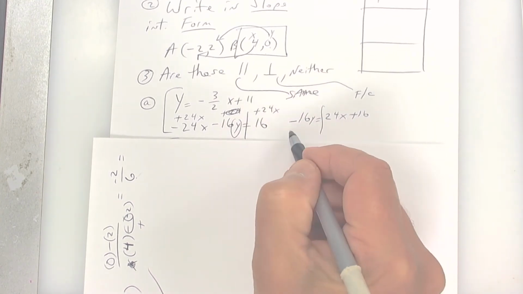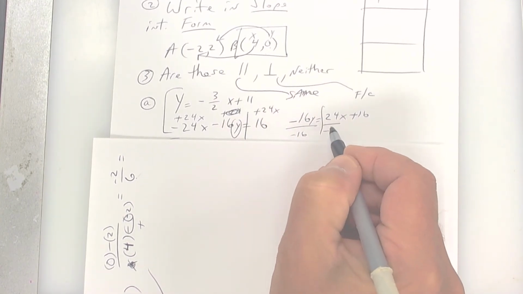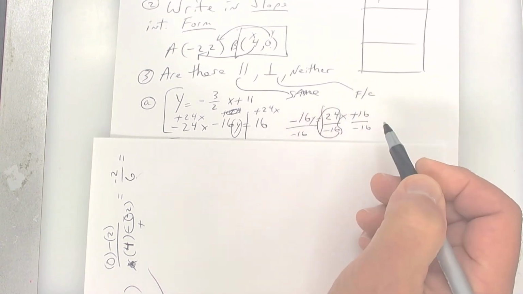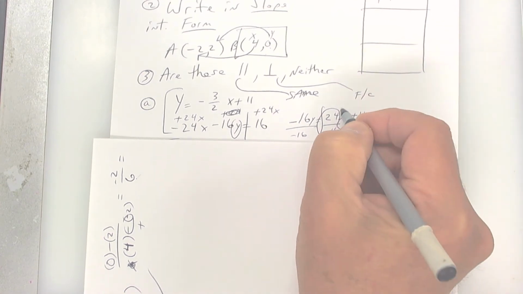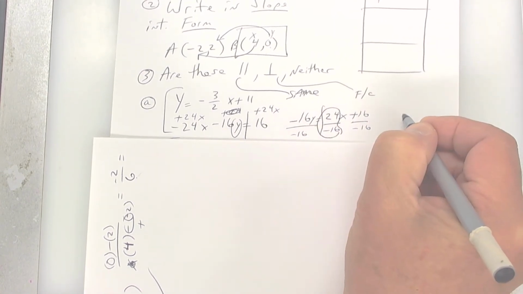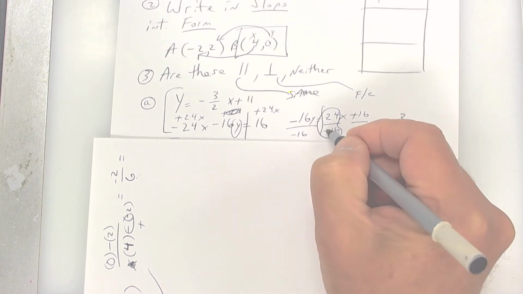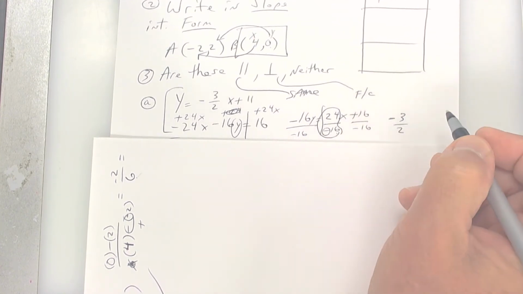Then you want to divide by negative 16. You're only looking at this, so you got to reduce it. 8 goes into 24 3 times. 8 goes into 16 2 times. The negative is on the bottom, but you can move it to the top.